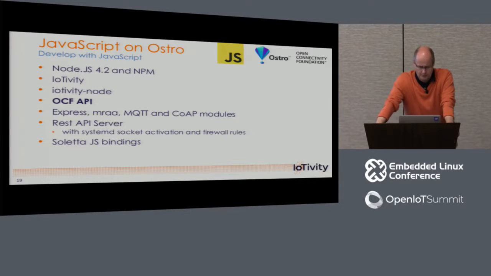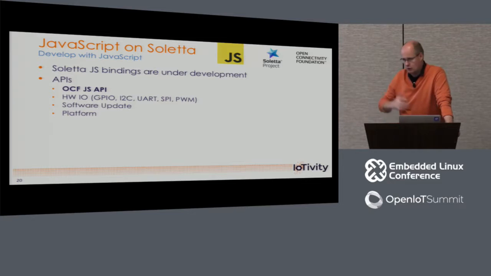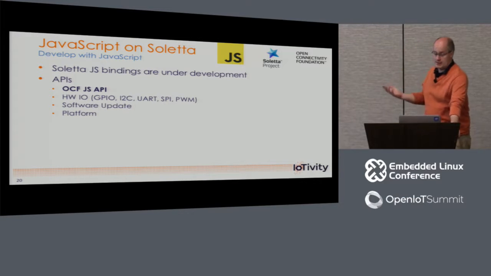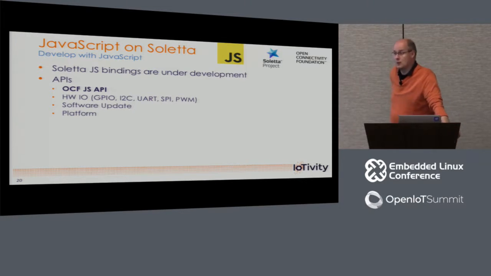We're also working on the Soletta JavaScript bindings, and those will be available in the Ostro as well. This is a fairly new API and activity. So the Soletta project, for those who don't know, is an open source IoT framework.